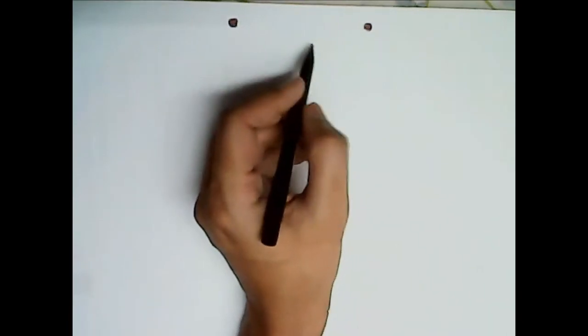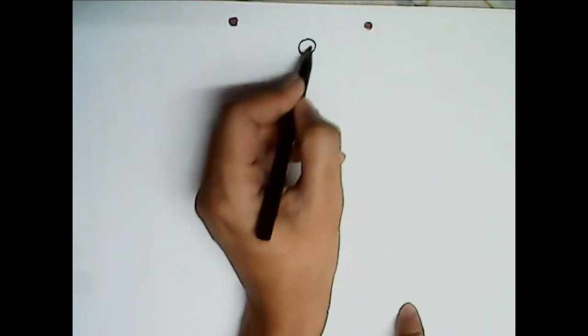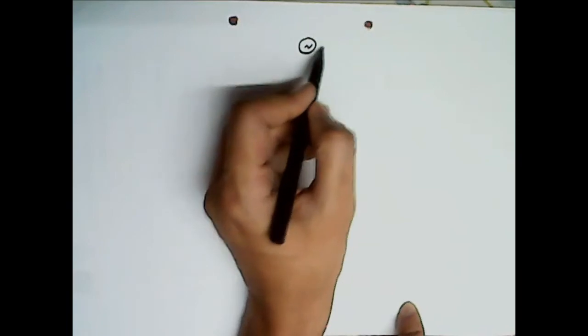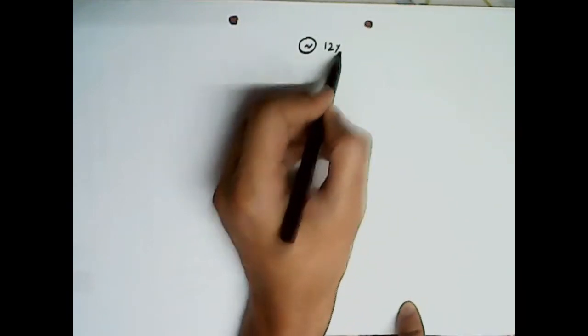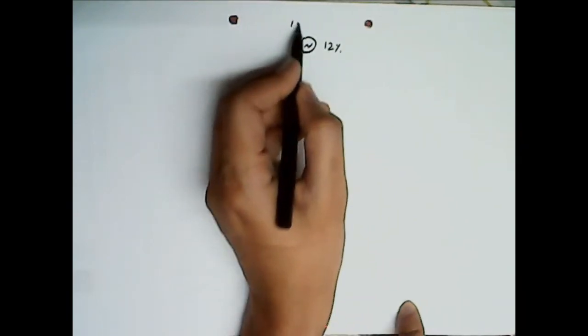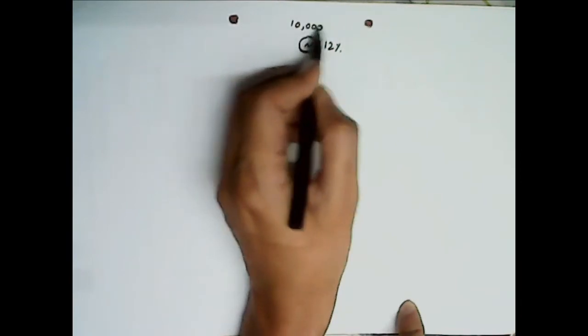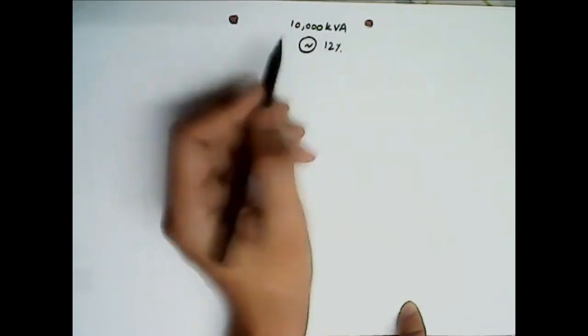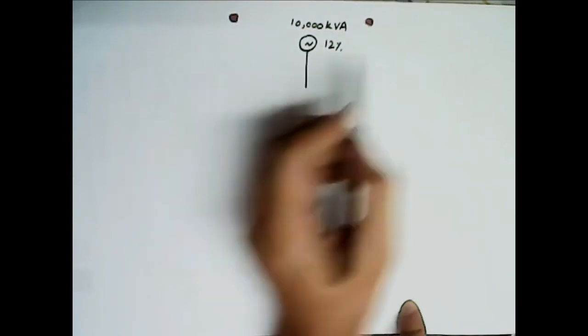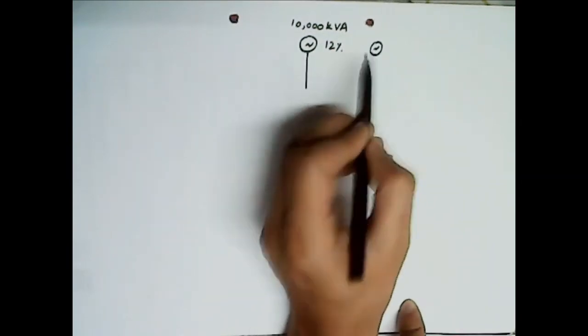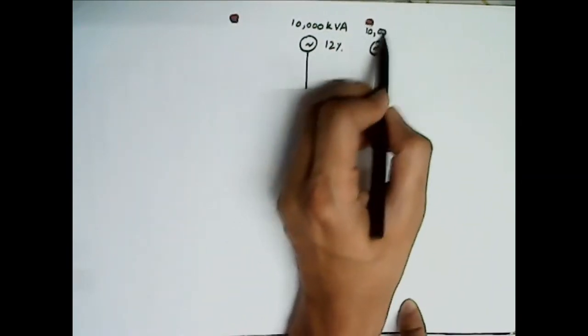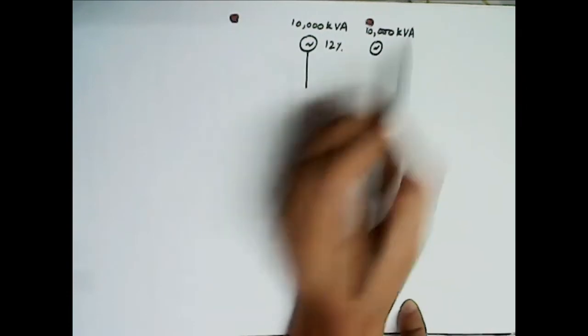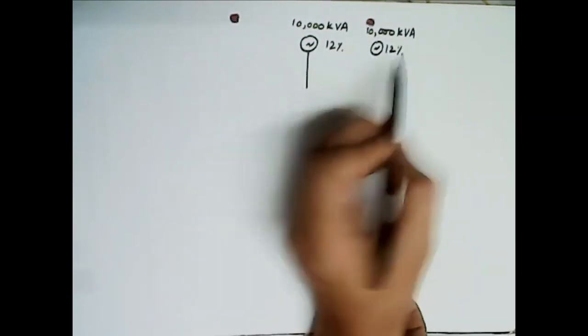So we have first generator G1, whose reactance is 12% and the rating is 10,000 kVA, or we can also write it as 10 MVA. Then we have the second generator whose rating is also 10,000 kVA and its reactance is again 12%.